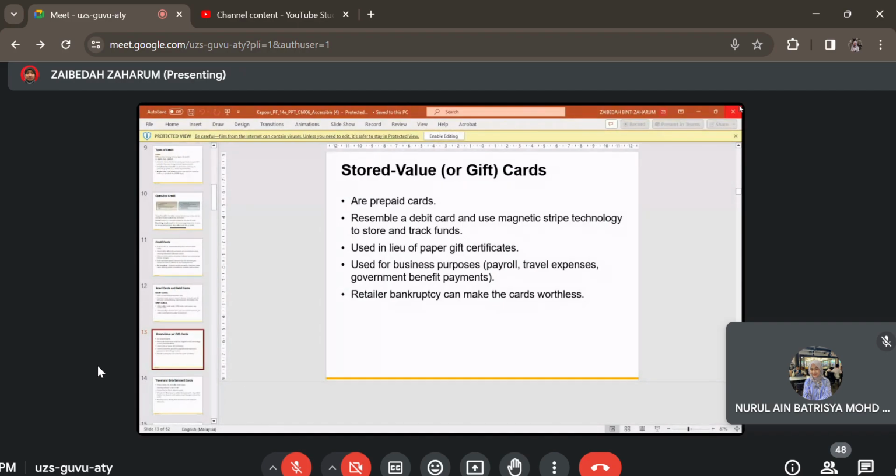Tapi kat sana retailer yang provide, macam katakanlah Boston Store, dia retailer lah. Okay, so you boleh apply credit card dia, and then dia ada credit line dia berapa, and then you boleh gunakan that credit card tadi in their store only lah, dekat dia punya kedai dia sahaja.